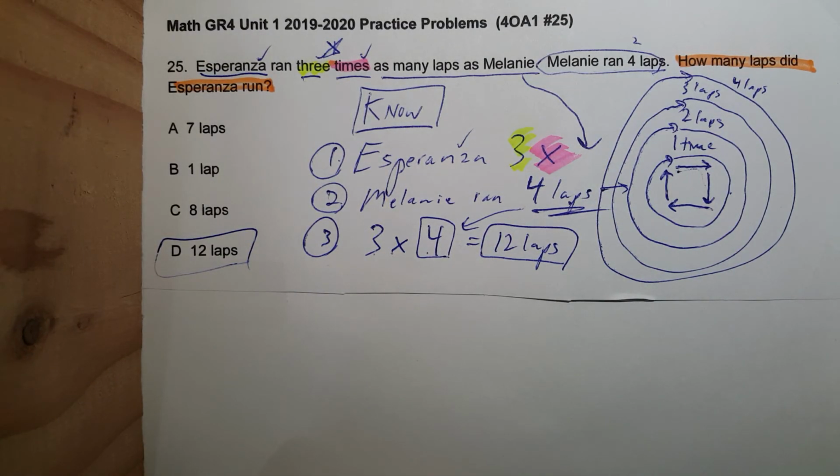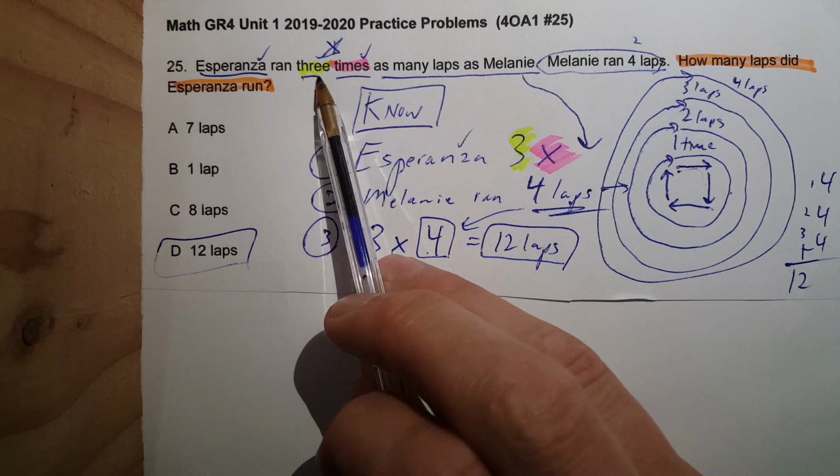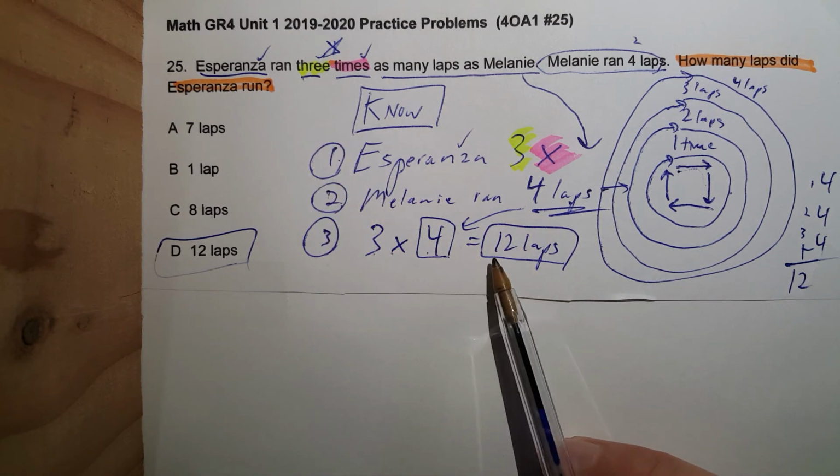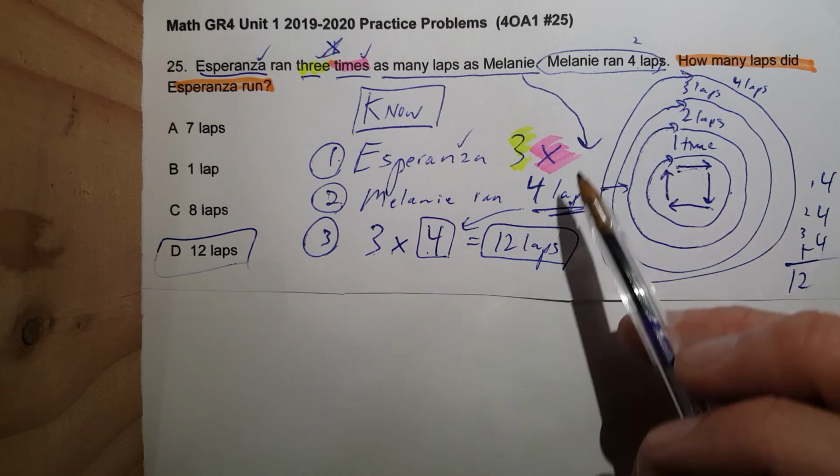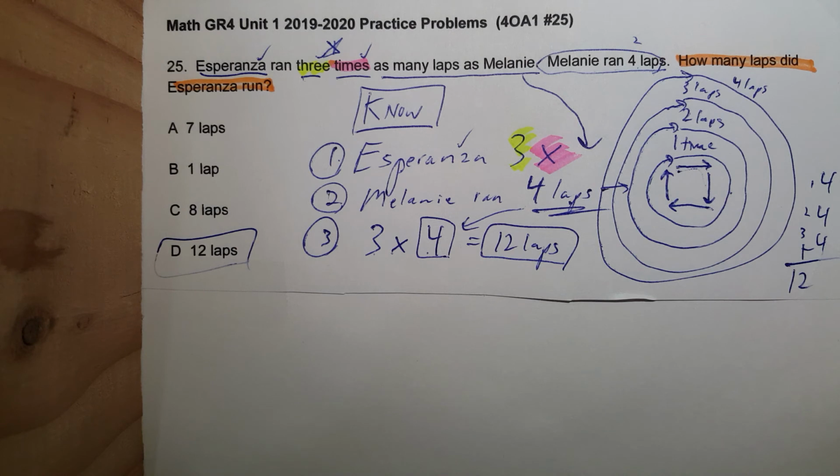So I'd have to draw 4 more. So remember, 4 plus 4 plus 4 is 12. Notice how it's 1, 2, 3. That's 3 times as many. So it's just multiplying. It's just knowing your groups. We change this to 4 times. You just take 4 times 4, 16. That's it. We change this. Simple enough.